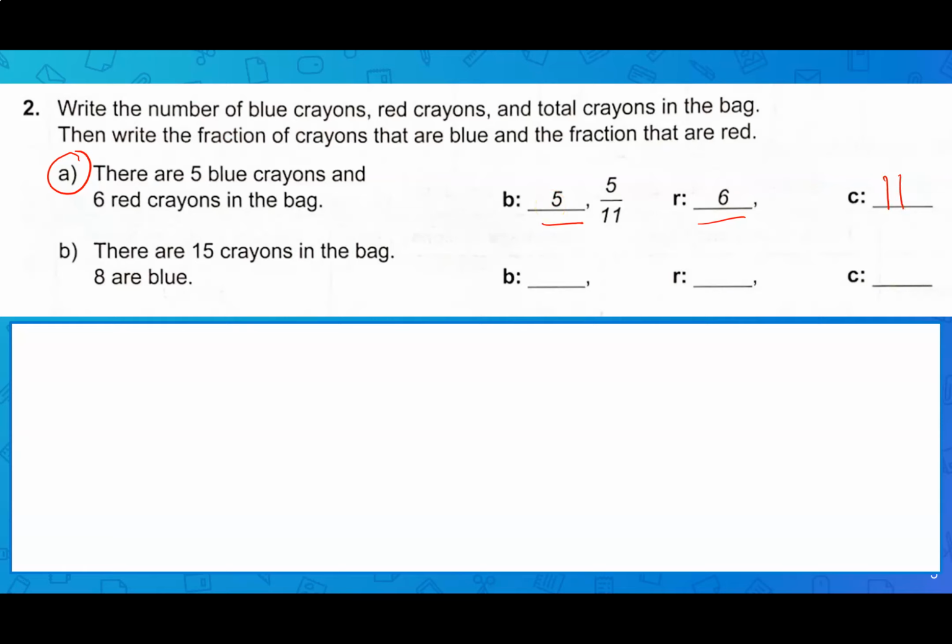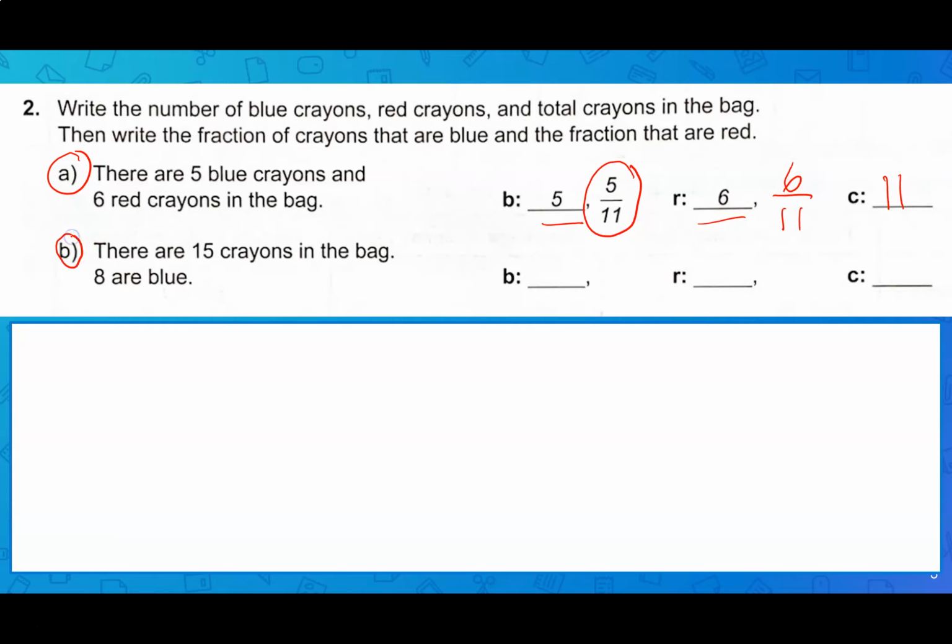And you can see that in our first fraction. Our denominator is 11 because there are 11 crayons in total, and 5 of those crayons are blue. So 5/11 are blue. Our denominator for red crayons is also 11. There are still 11 crayons in total, and 6 of them are red. So 6/11 of the crayons are red.